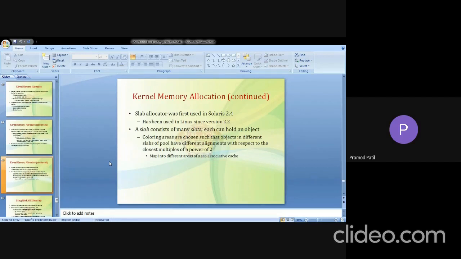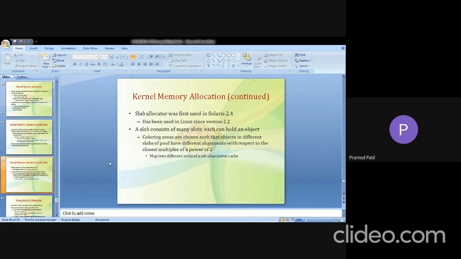So they color such that the objects in different slabs of a pool have different alignments. Different objects, if available, get different alignment, which is also closest to the multiple of power of 2, nearest to what happened previously.